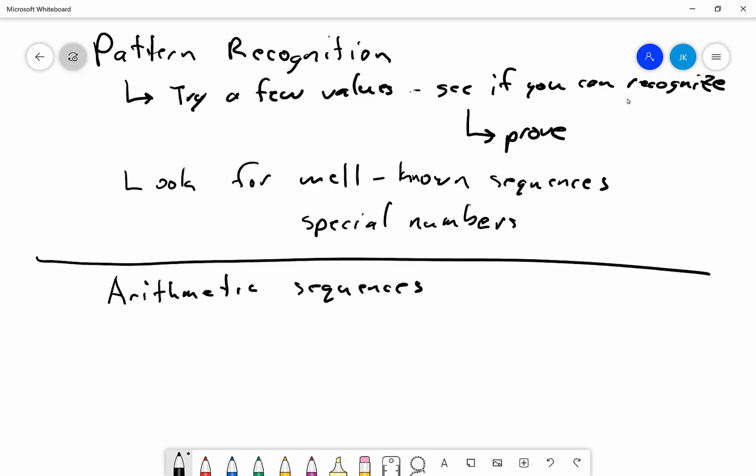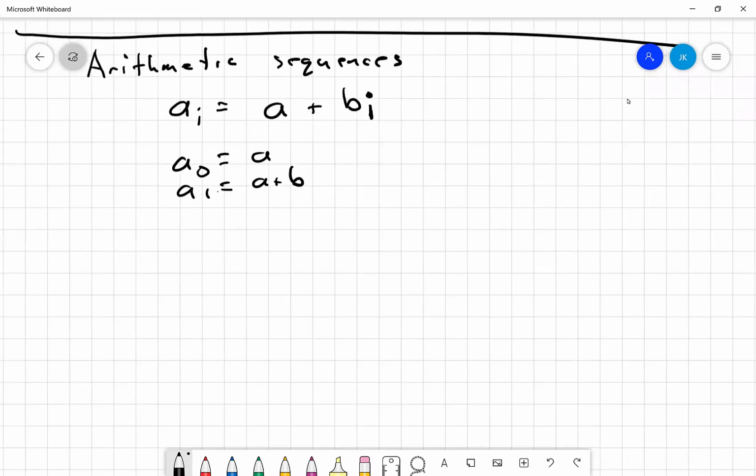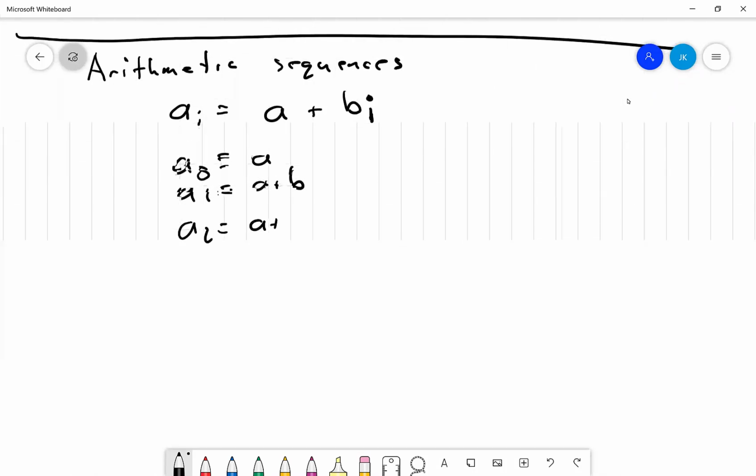So a sub i is going to equal some base, and maybe I shouldn't have used a here, but normally the base is a, and there's some factor b, and you multiply it times i. So a plus b times i. So a sub 0, you would probably say is a, and a sub 1 would be a plus b, and a sub 2 is a plus 2b, and so on.